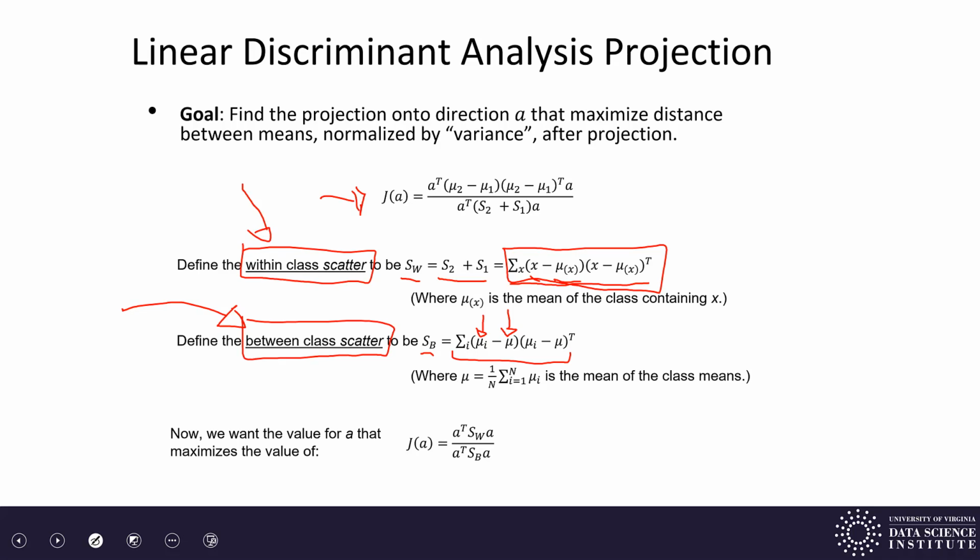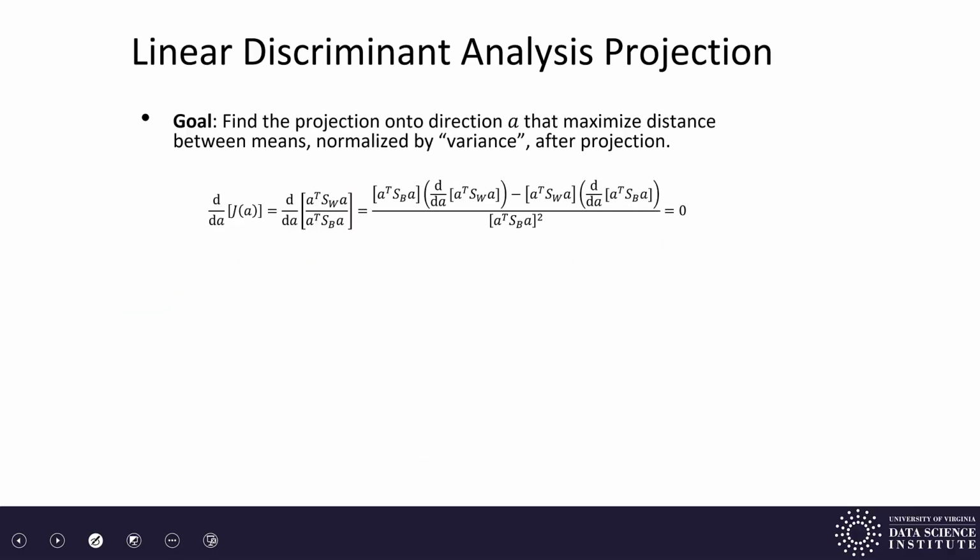And so here's J of A. This is the function that we want to find the maximum value of. We want to find the A that gives us a maximum value here. So to find a maximum value, we use some calculus. We're going to take the derivative of J of A and set that equal to 0.